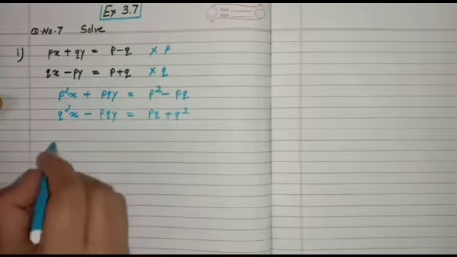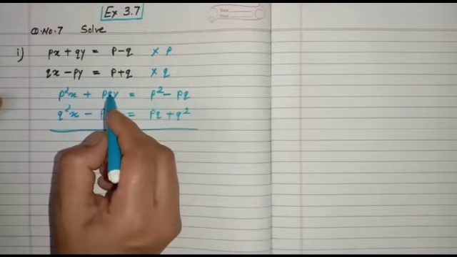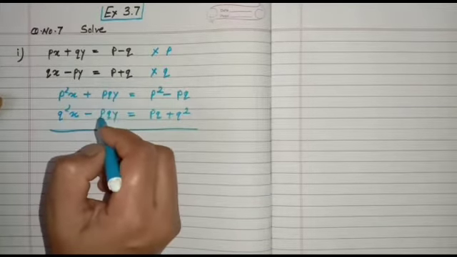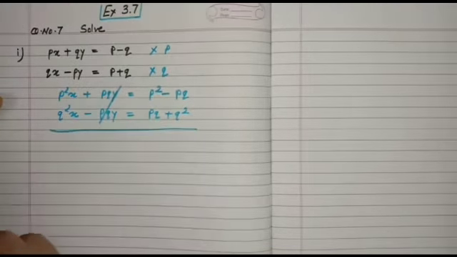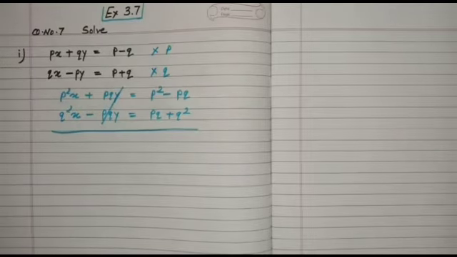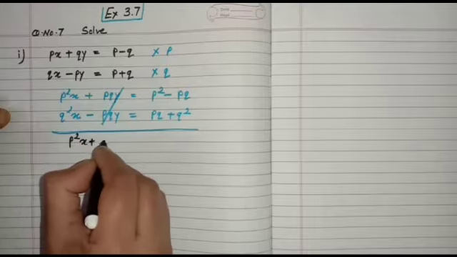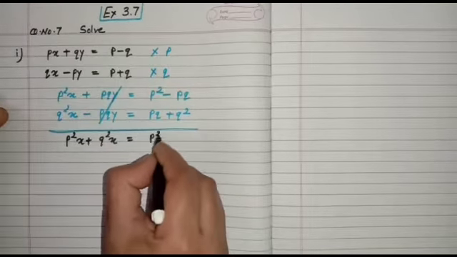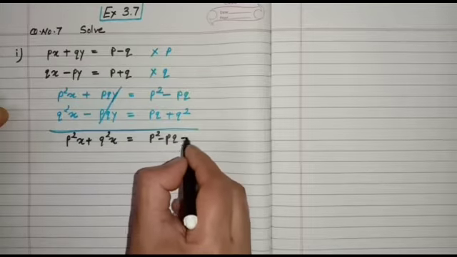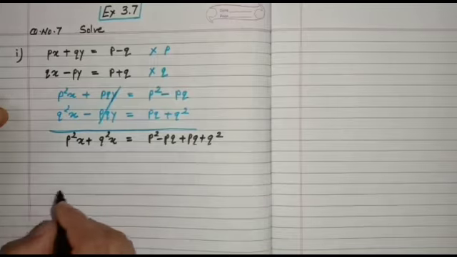q square. Since here both the terms are with opposite sign, we will add both the equations. This plus pqy cancels with this minus pqy, and we will get p square x plus q square x equal p square minus pq plus pq plus q square.